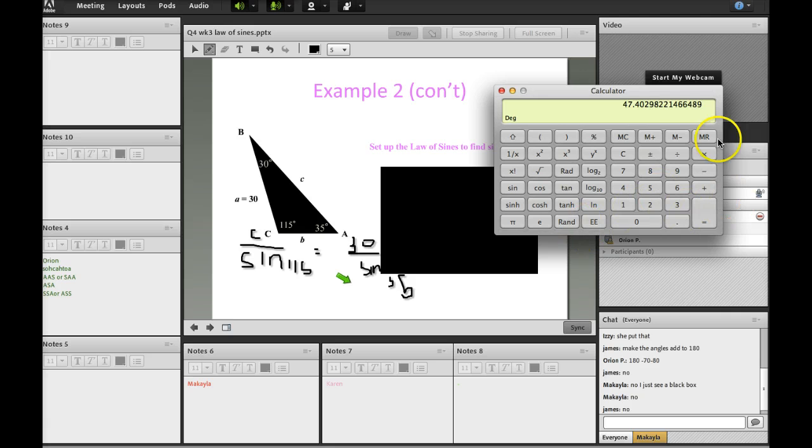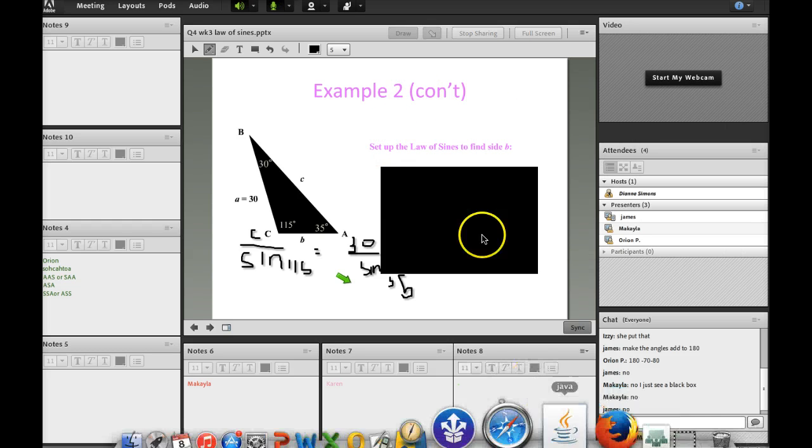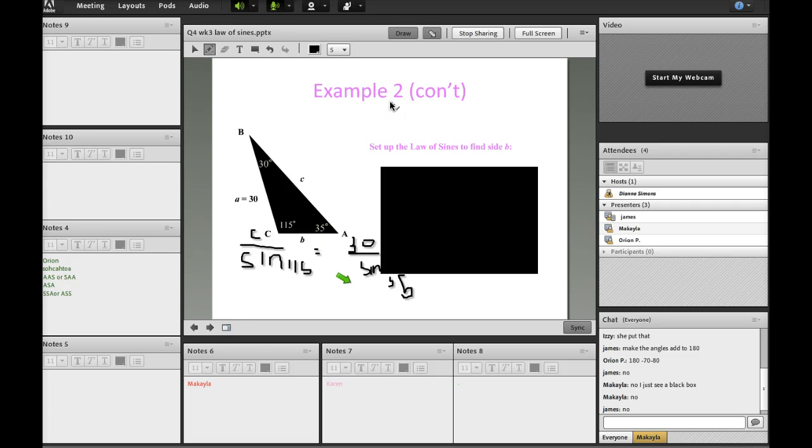And then I'm going to do the same thing for side B. And so I'm going to write it down. Okay, ready? Let's see. Side B. Let's put B over sine of 30.